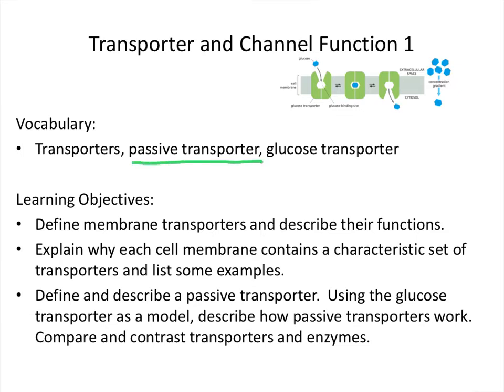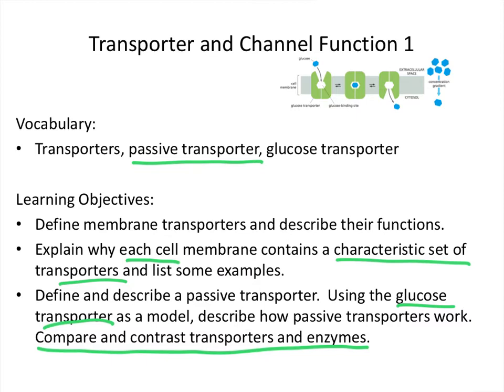So passive transport is going to be a key for this one. We're also going to talk about how each cell has a characteristic set of transporters. And one of the main highlights is the glucose transporter. This last part here about comparing and contrasting transporters and enzymes, I expect you to use your previous knowledge about enzymes to be able to answer this.